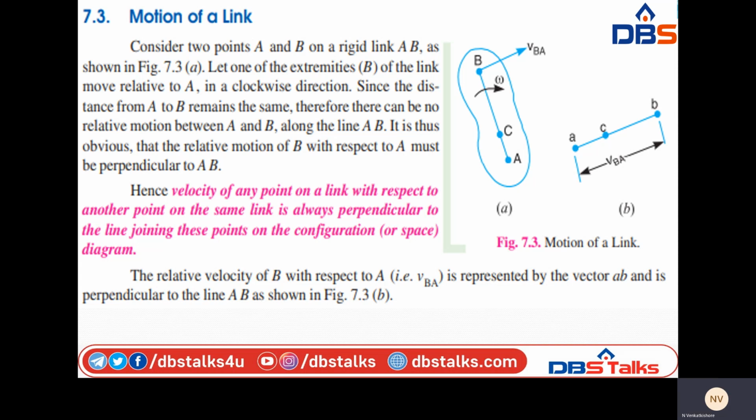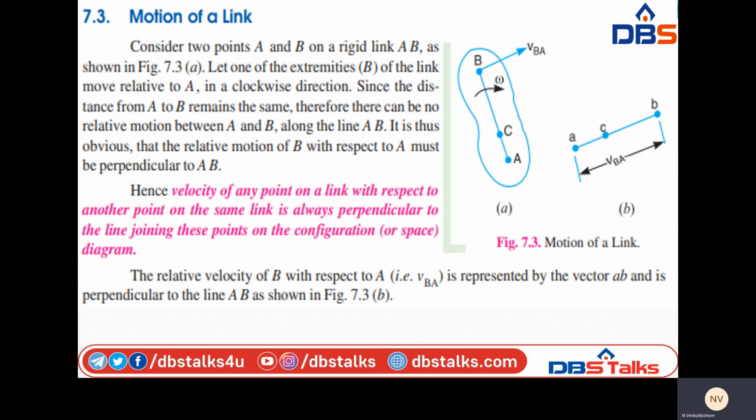So the velocity we are maintaining is perpendicular to the link AB. Hence the velocity of any point on the link with respect to another point on the same link is always perpendicular to the line joining these points on the space diagram.